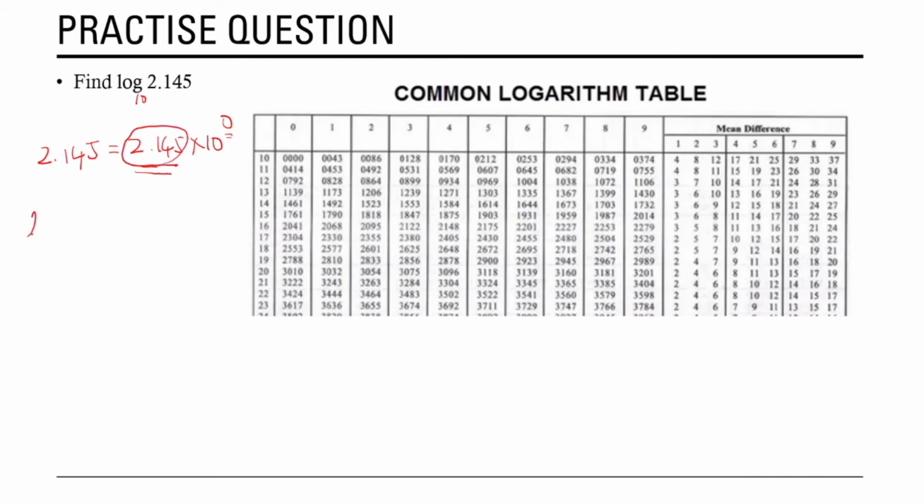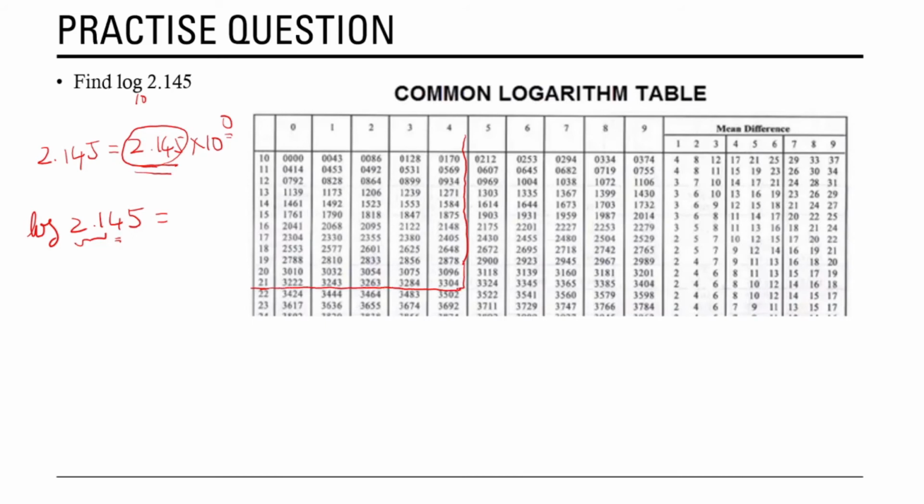So for log of 2.145, we take the first two digits, 21, and locate 21 in the first column. The row corresponding to 21 is here. Then the next digit is 4, so we look under column number 4, row number 21.